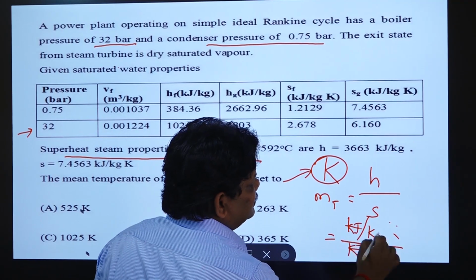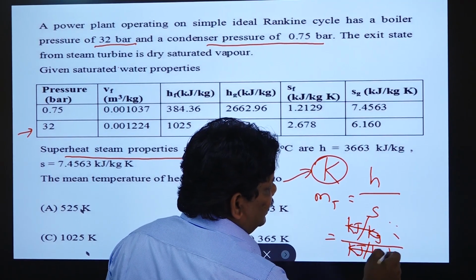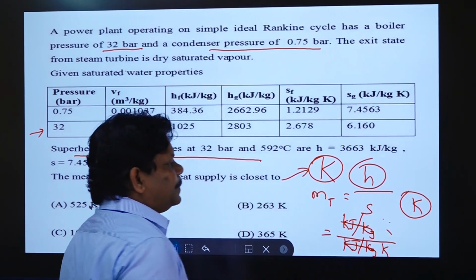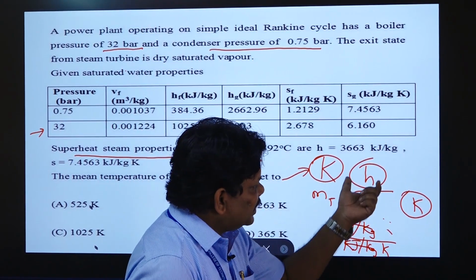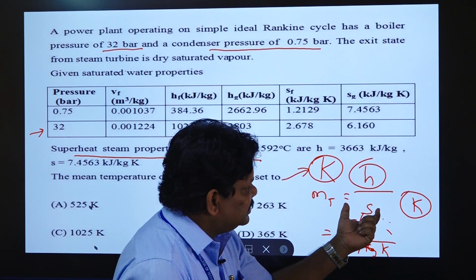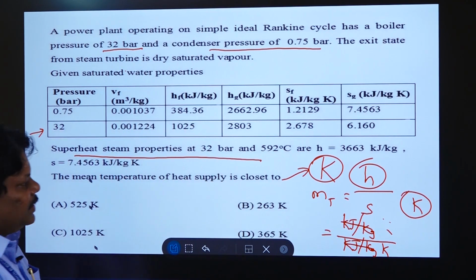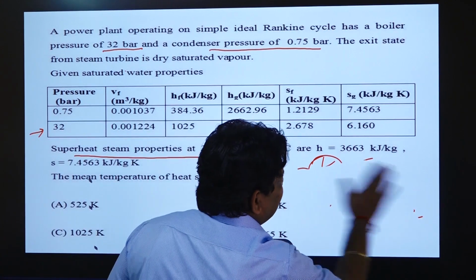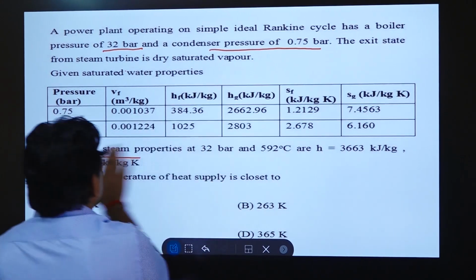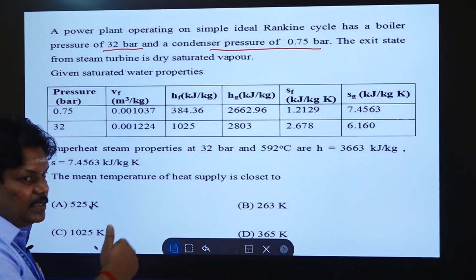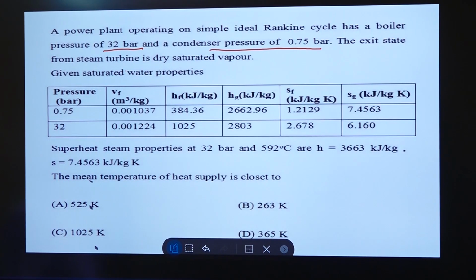So the kilojoule per kilogram cancels, and 1 by K becomes K. So you should consider the enthalpy change and the entropy change, and you get the mean temperature of heat supply. So now you know that it is the ratio between the enthalpy change and the entropy change.